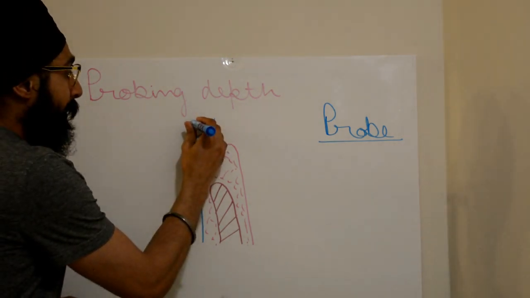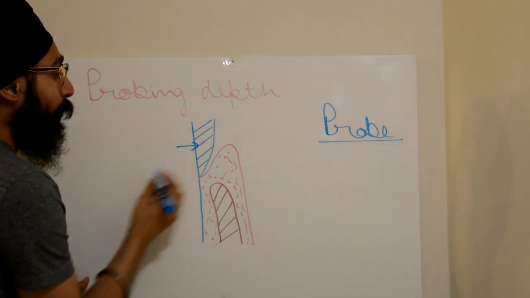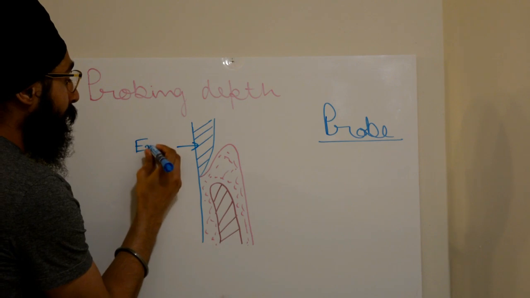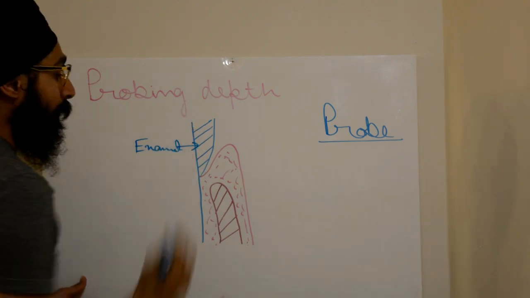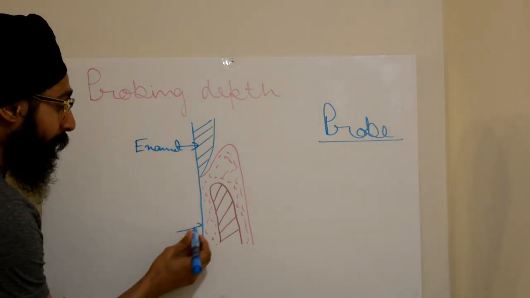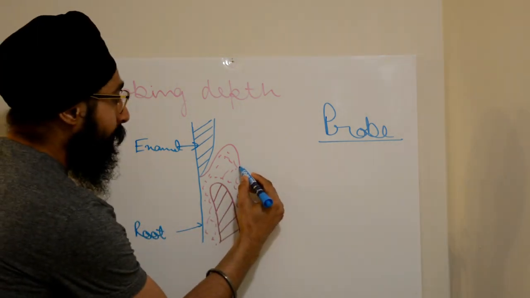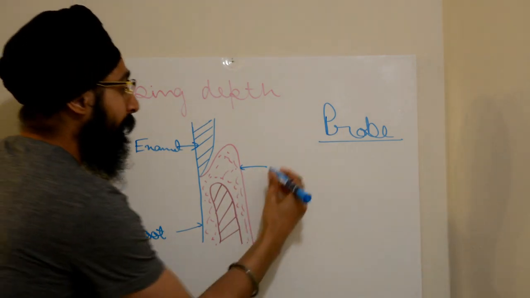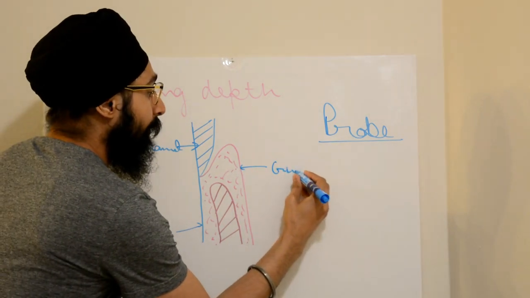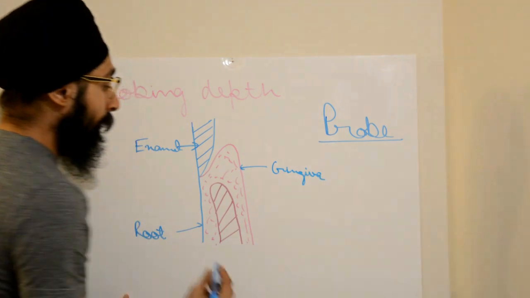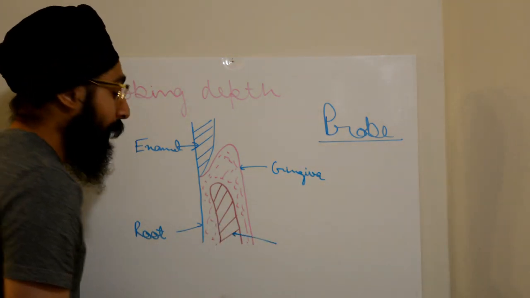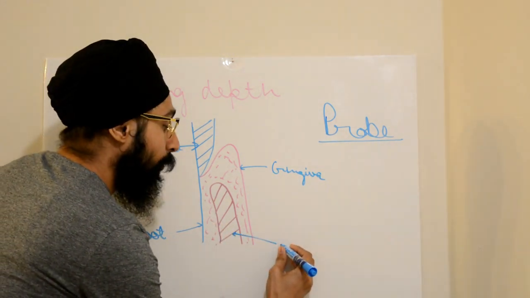In this diagram, this is the tooth portion that is enamel. This area is the root surface. This pink marker represents the gingiva. This dark marker represents the alveolar bone.